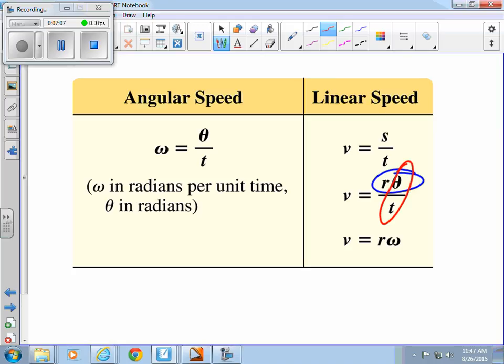Because your angular speed hasn't changed on your speedometer, because your speedometer is calculated based on how many rotations per hour your tires are going. And so they calculate your speed based on that. Well, if you change the size of your tires, it changes your linear speed. And you might not know that you're going at different speeds than your speedometer says.